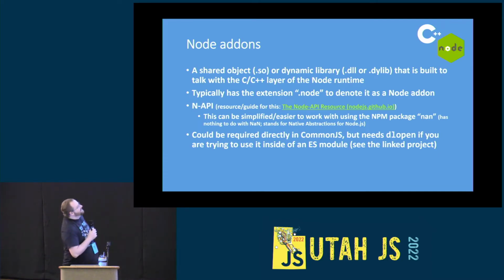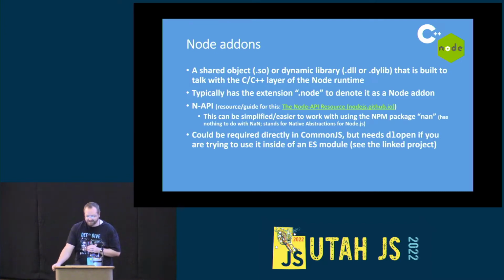So, we have Node add-ons. That's the term for C++ built extensions to Node. Essentially, what they'll show up as is a shared object or dynamic library. The typical extensions you'll find there are SO or DLL or dylib, depending on your operating system, but it's usually put as .node.